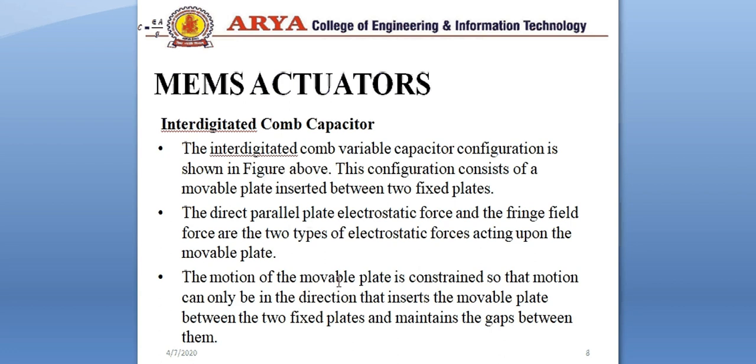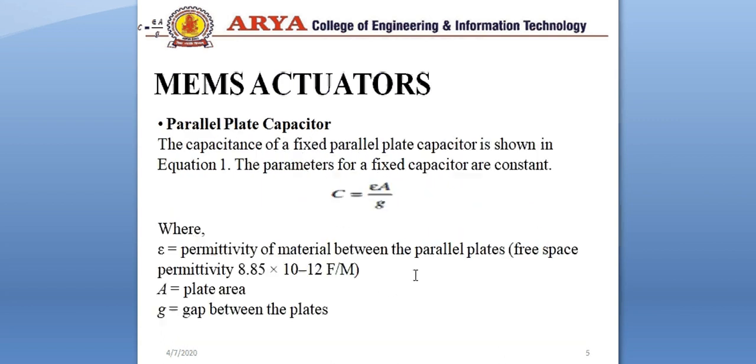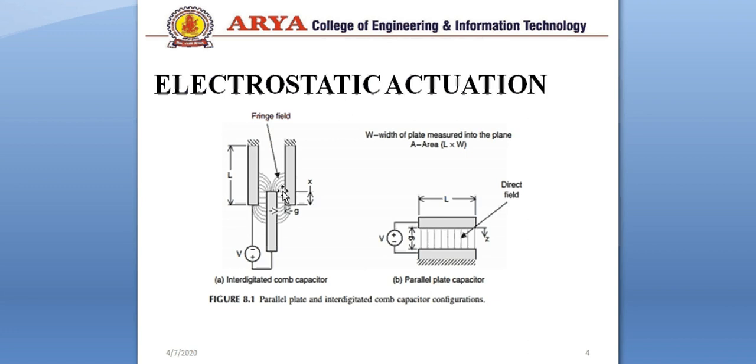The motion of the movable plate, yes, this is the main parameter, how the plate is moving. Like this is the plate, this cannot be moved like this because this gap should be maintained between these two plates. This gap should be equal, so this cannot be moved like this.